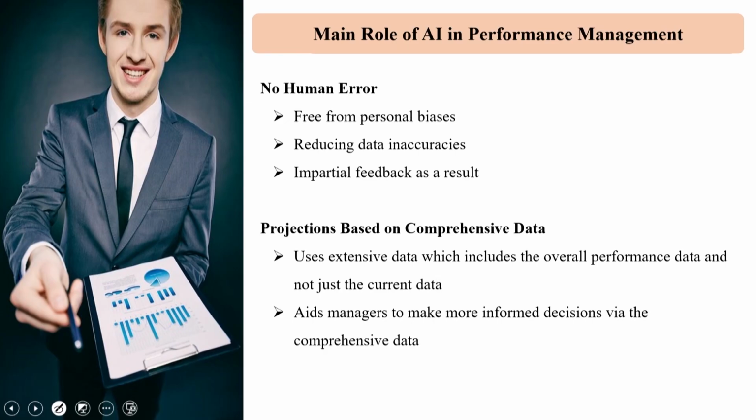It gathers information from various sources, reducing the possibility of data inaccuracy. So the information collection, the overload, if I can use the word, or the availability of information throughout, makes it more objective. And finally, as a result, AI enables managers to deliver impartial feedback.